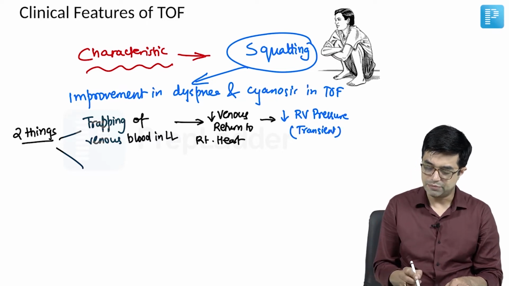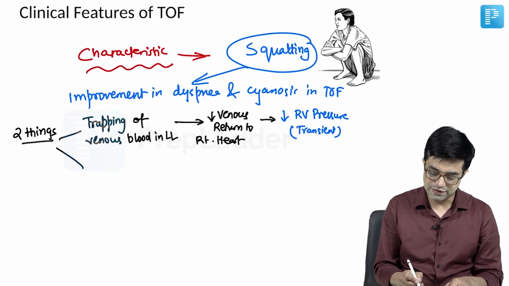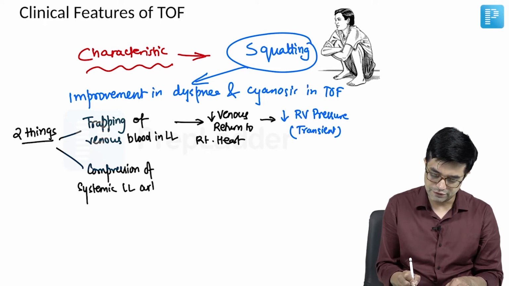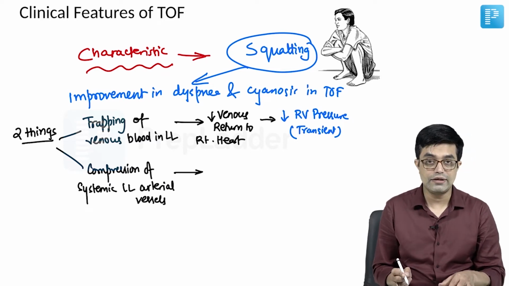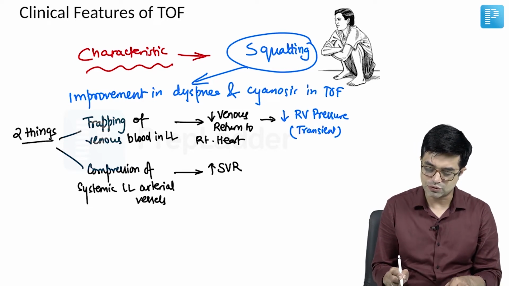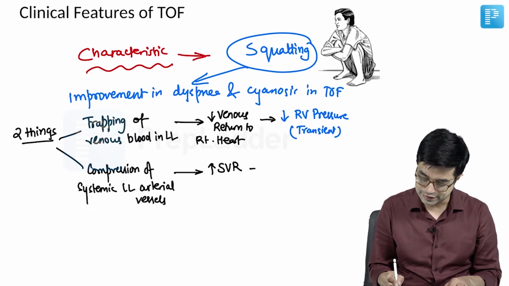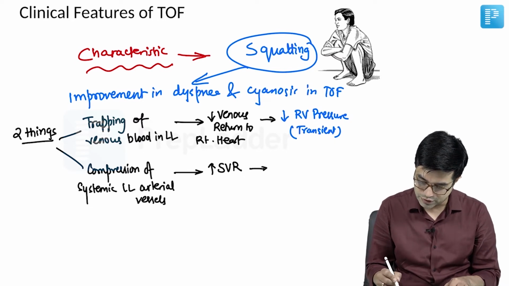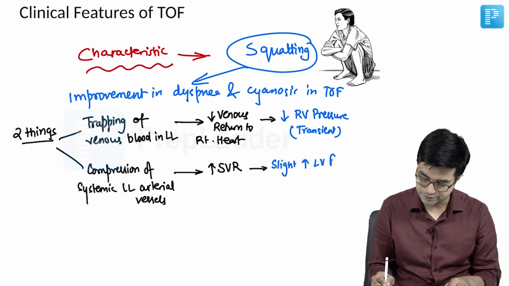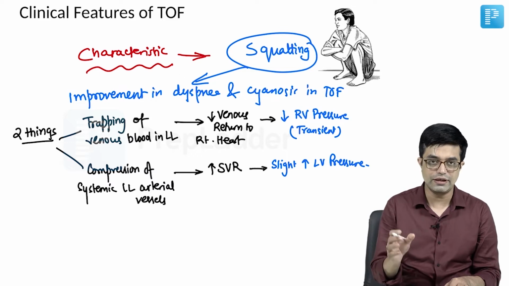At the same time, because the patient is sitting like this, we will find that there is compression of the systemic lower limb arterial vessels, which usually leads to back pressure changes, and eventually there is a rise in the systemic vascular resistance, and this leads to slight increase in the LV pressure. So the afterload tends to increase on the left side.